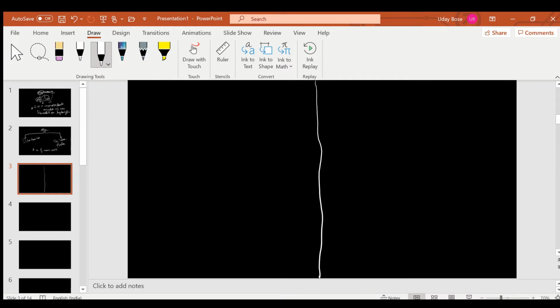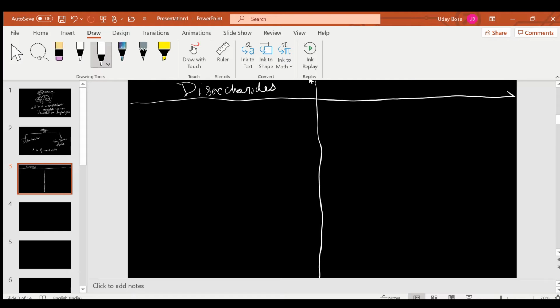So if I divide this slide into two parts, this is my disaccharide and this is my tri, tetra or pentasaccharides.